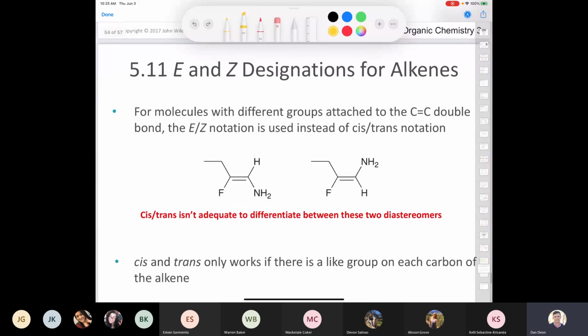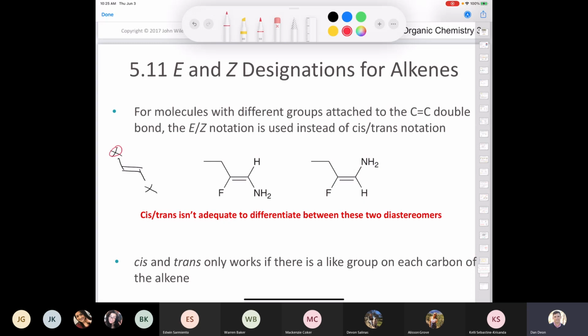Well, the last section of chapter 5 deals with a new designation that we need in order to provide a name for an alkene that cannot be designated as cis or trans. If you remember, when we talked about alkenes and looked at cis and trans quite a bit, the only time you can use cis and trans is when you have two substituents on each carbon that are identical, right?